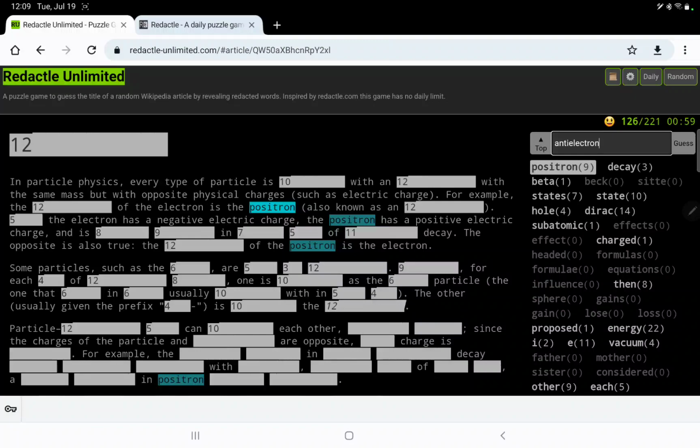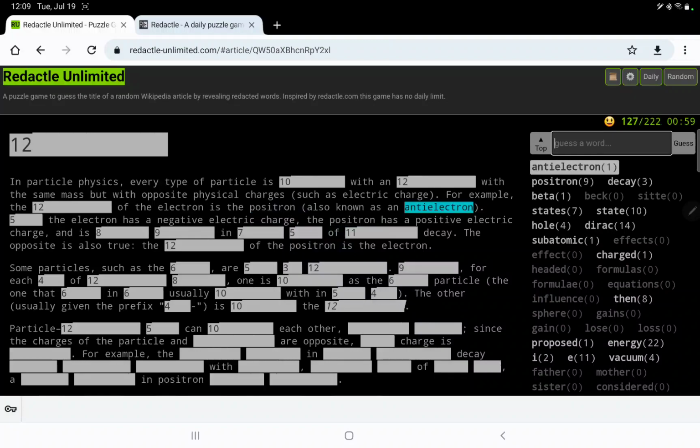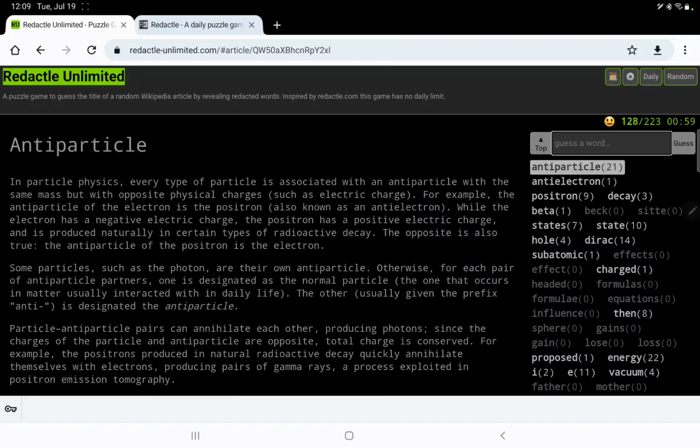That is 12 letters. No, that's not the title, okay. In particle physics, every type of particle is not congruent with an 12 with the same mass. Oh, antiparticle. I have a good feeling about this one.